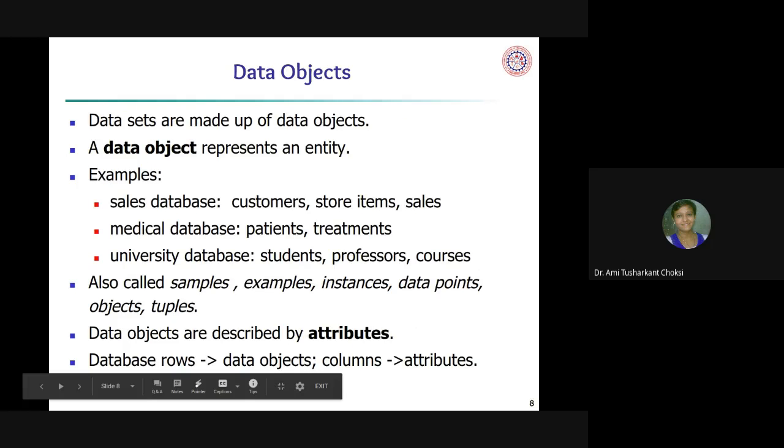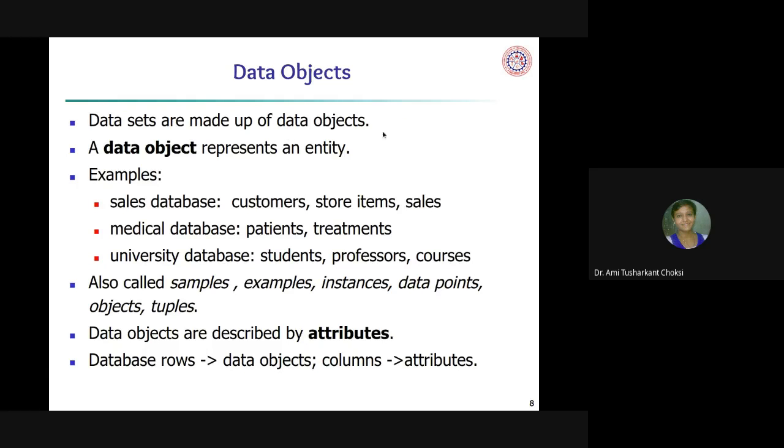Data sets are made up of data objects. That means a data object represents an entity. For example, a sales database, where we can consider customers, store items, sales. For medical databases, we can consider patients and treatments.